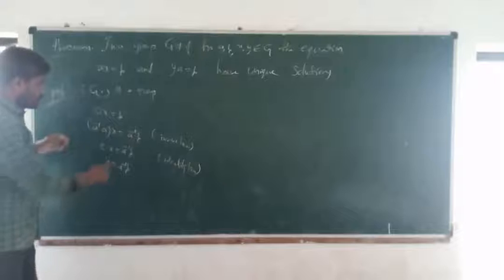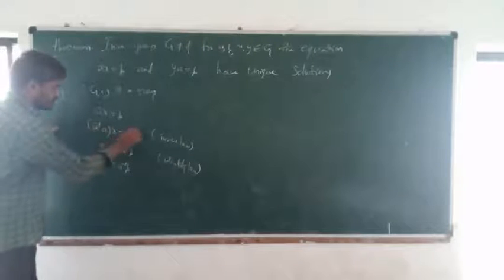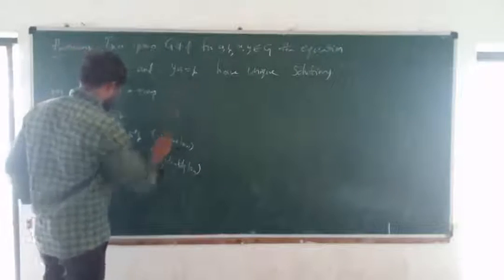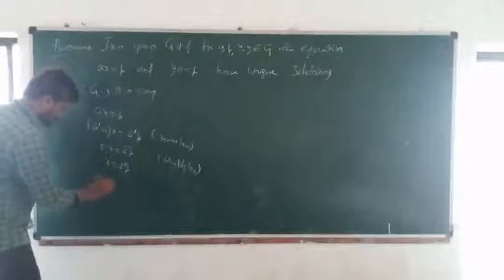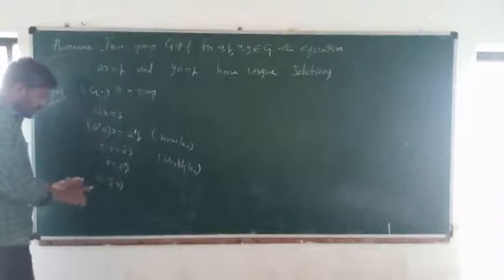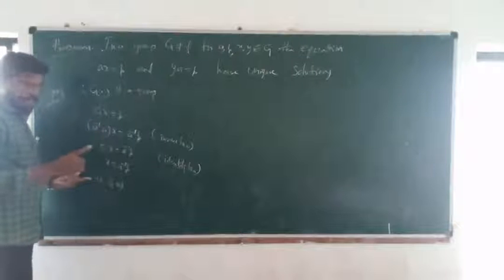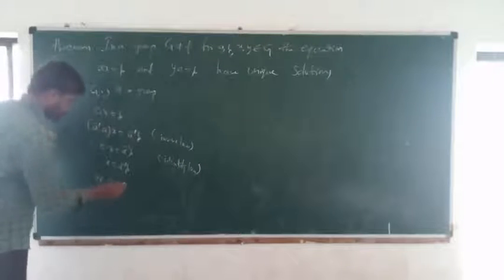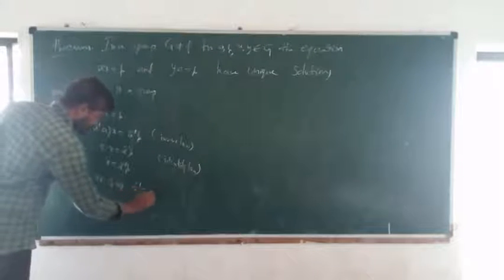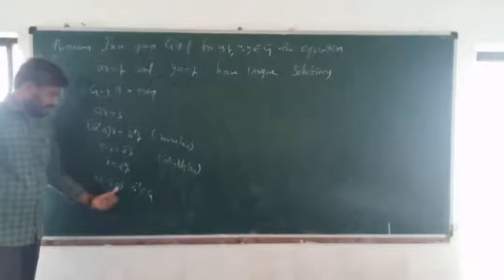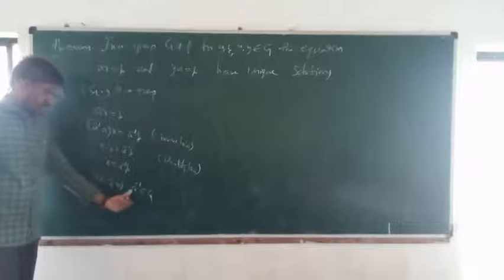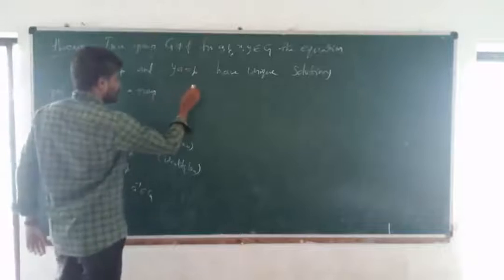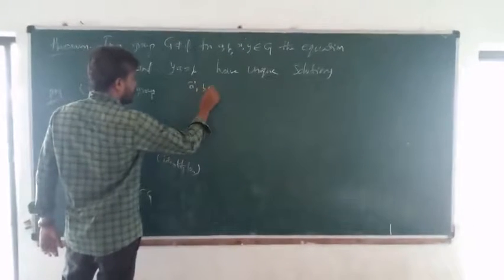So a inverse b must belong to G. a belongs to G, G is a group, and a inverse is also an element of G, which means inverse elements also exist in G. So a inverse also belongs to G. Next select another element, b.